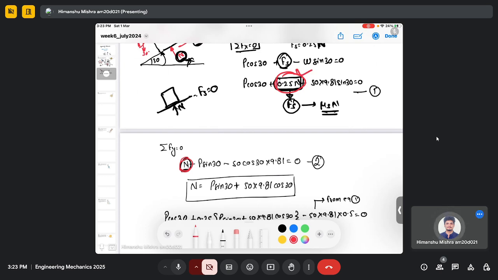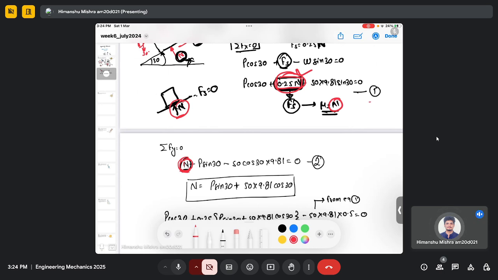So this whole 0.25 n will be 0, but in the y term, since you can still have this normal reaction force, you will have this normal reaction, because in the y equation this n is not coming due to the friction, this n is coming due to the normal reaction, but in the x it is coming due to the friction. So you can ignore the friction force, due to which this term is also getting out.